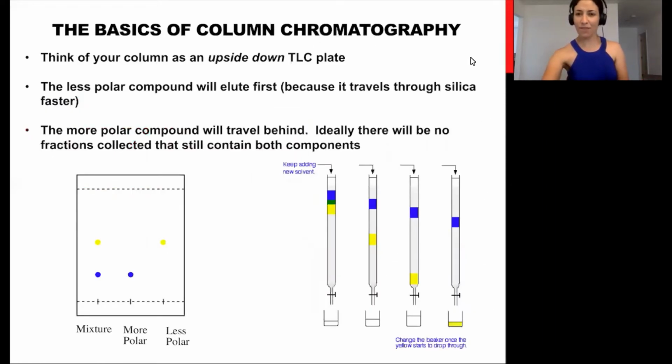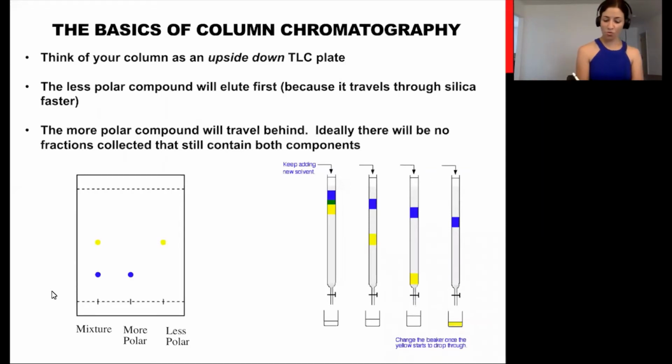So how can we think about this and use the principles that we discussed in Module 1 to predict the order that compounds will elute from our column? The easiest way that I could think about this is that you can parallel this column and think of it as an upside down TLC plate. So let's start with a plate because we've become familiar with those. If I look at the plate shown here on the bottom, I have some mixture of compounds represented by yellow and blue.